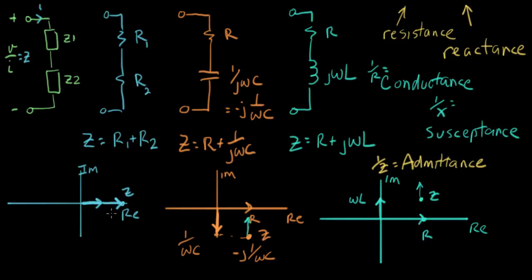And on the resistor side, if omega changes, well, there's no omega term here. So nothing changes when omega changes in this resistor picture. So this shows us what happens in a graphical way when we change the frequency of a complex impedance.